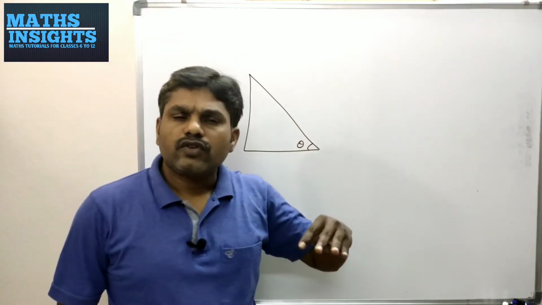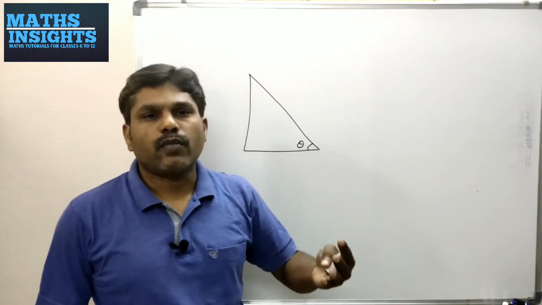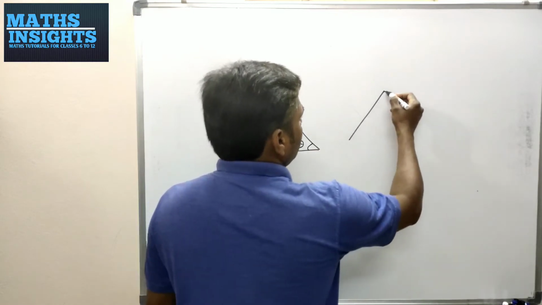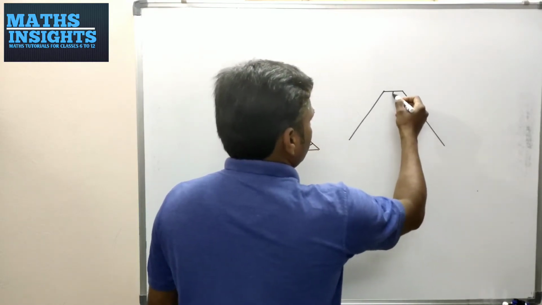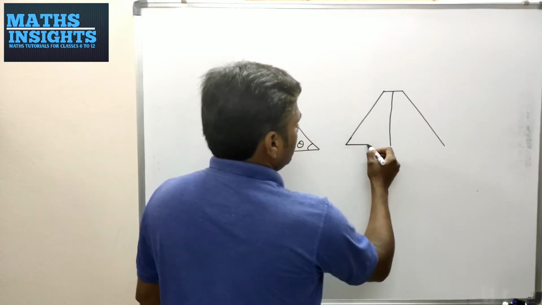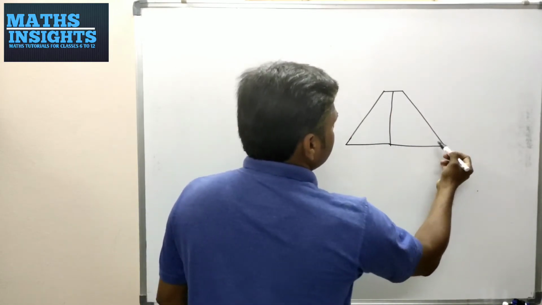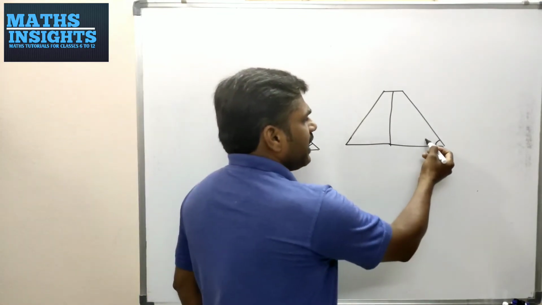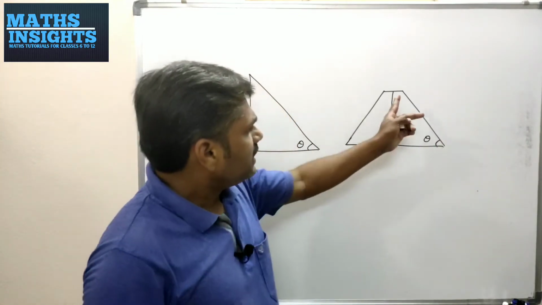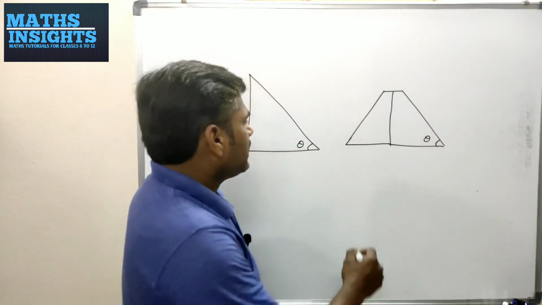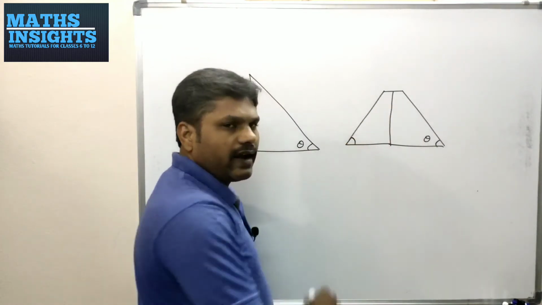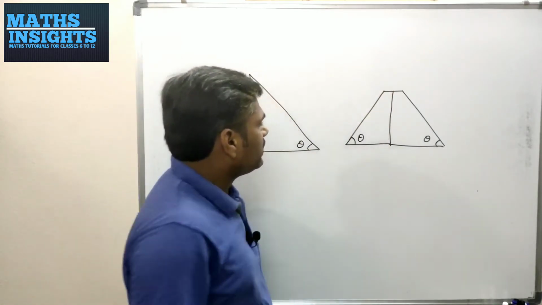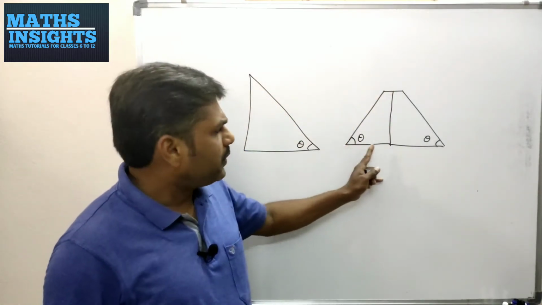And also you may have seen sliders in the park used by children. If you observe, sliders may be like this. See, there will be a base here also. So this is also a form of a triangle where an angle is formed between the slider and the base. Here also you may have a ladder to step up, and this is the angle between the ladder and the base.